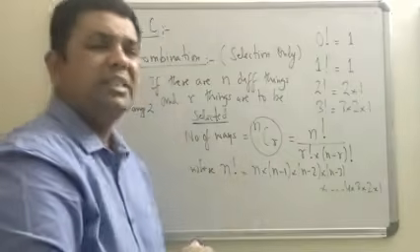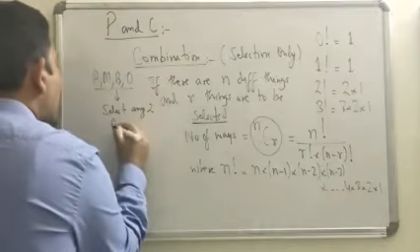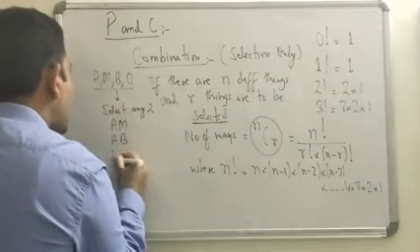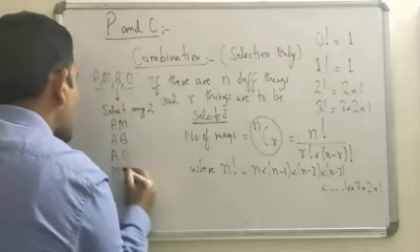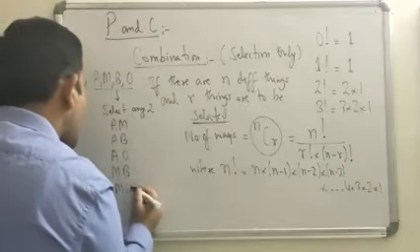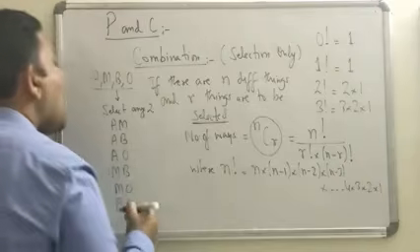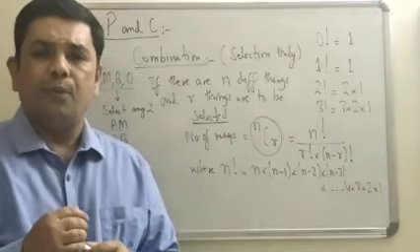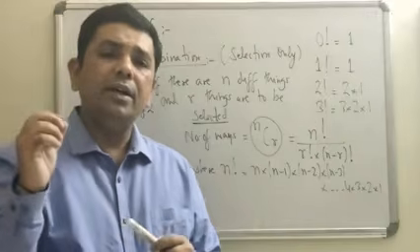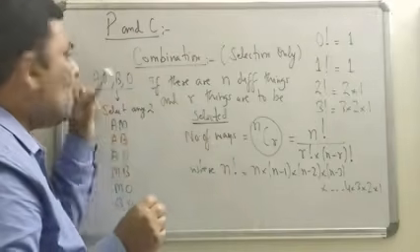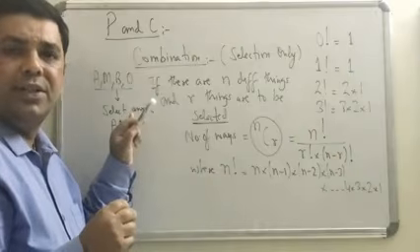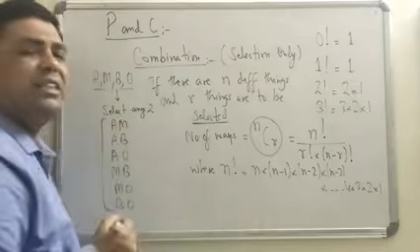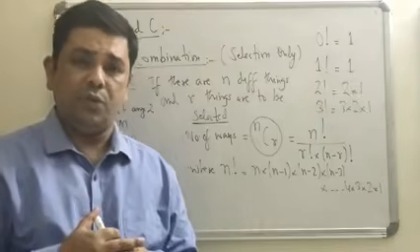So what are the different selections possible? You can have apple mango, apple banana, apple orange, mango banana, mango orange, and banana orange. So if I have to select 2 things out of 4 different things, there are 6 different ways of doing so.